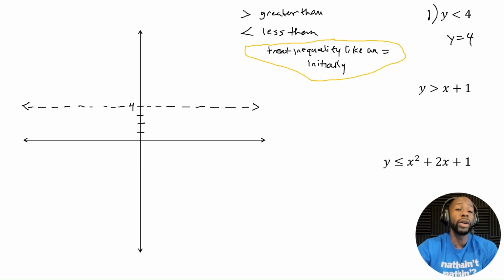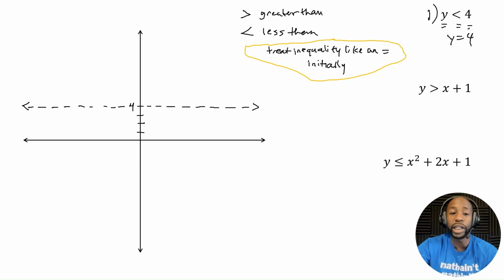Now, where do you shade? Here's the deal. Here's what you have to remember. This says y is less than 4. If the line is y equals 4, what you want to look for is consider what the inequality says. Y less than 4. So that means values of y that are less than that line 4.